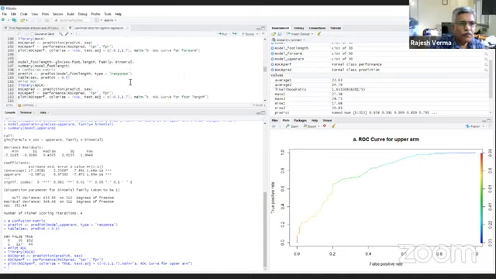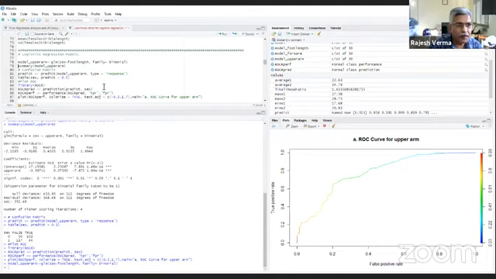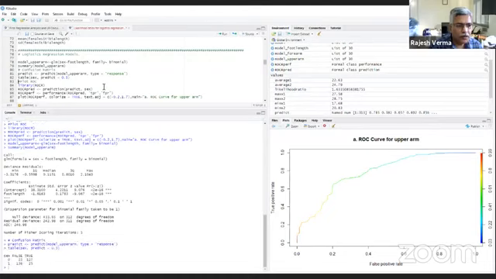In place of upper arm, I will take foot length and then prepare the model. This is the model. Then predict. Now 127 out of 152 males are correctly classified, and 136 out of 161 females are correctly classified. This means that the true classification rate has certainly improved.